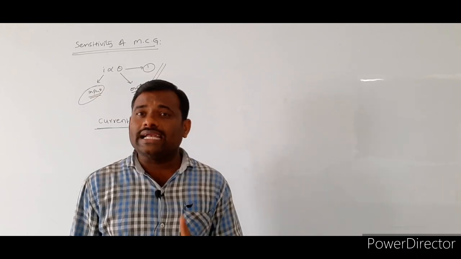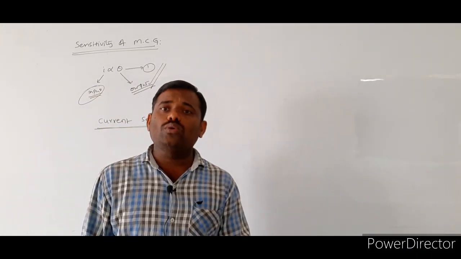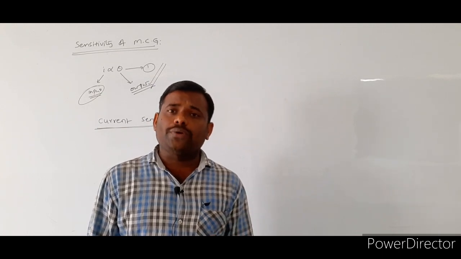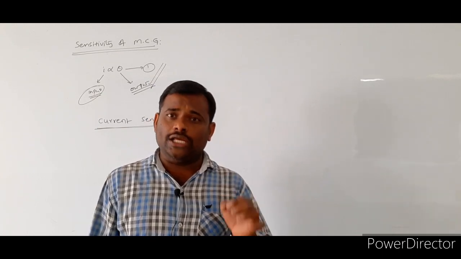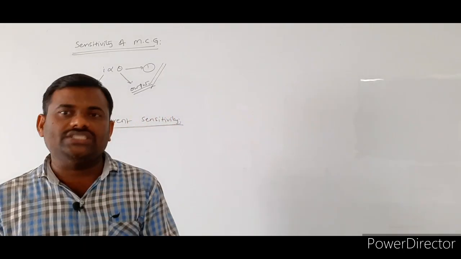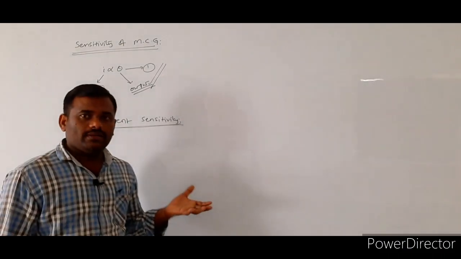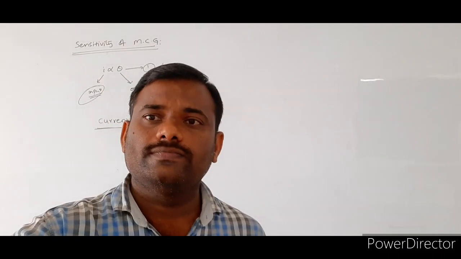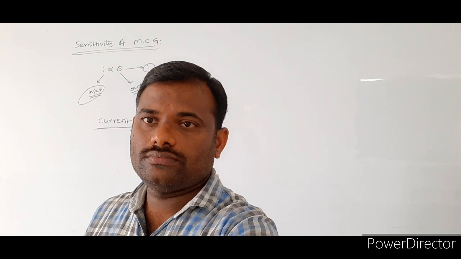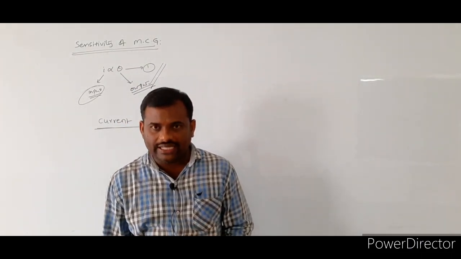So can we define the current sensitivity? The amount of the deflection which is produced in the rectangular current carrying loop per unit amount of current flows through it. So how can we define the current sensitivity?